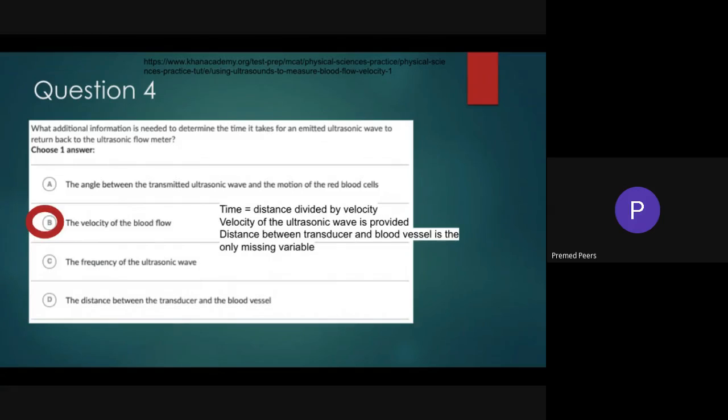Correct answer is B. Frequency, it's kind of similar to that first question we were talking about, what links blood velocity to blood volume flow. So angle doesn't link time to velocity. Frequency doesn't link time to velocity. And then distance. Wait, sorry, I did the wrong thing. Yeah, this should be D, right? Let me check.